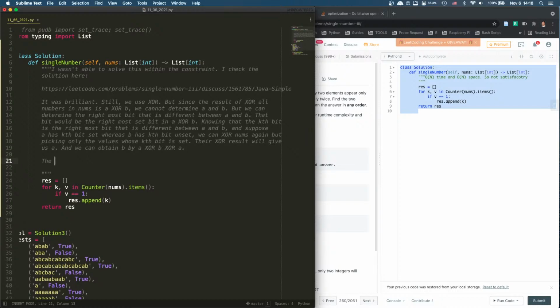The trick is to identify the difference between A and B, right?